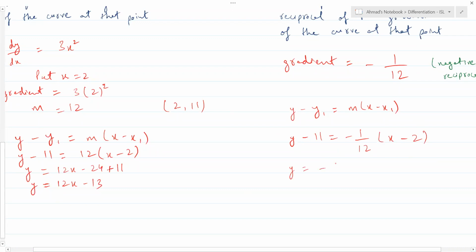So you get y equals -1/12 x plus 1/6 plus 11, and you get y equals -1/12 x plus 67/6. That's what you get. Is this fine? How to find the equation of a tangent and equation of a normal?